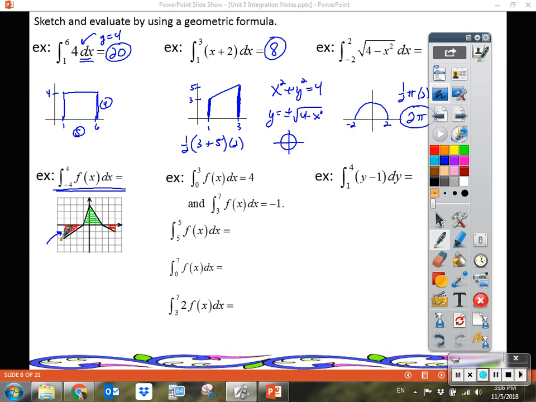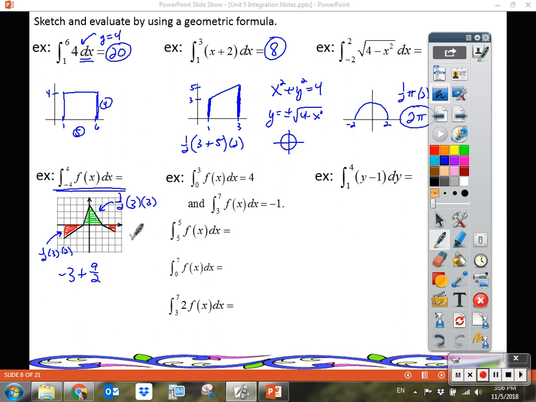So this one is 1/2, base is 3 and height is 2. So that gives me -3. So I have -3 plus. Now let's work on this one. So 1/2, base is 3 and height is 3. That's 9/2.